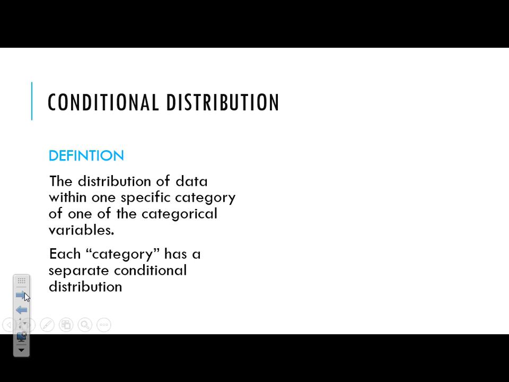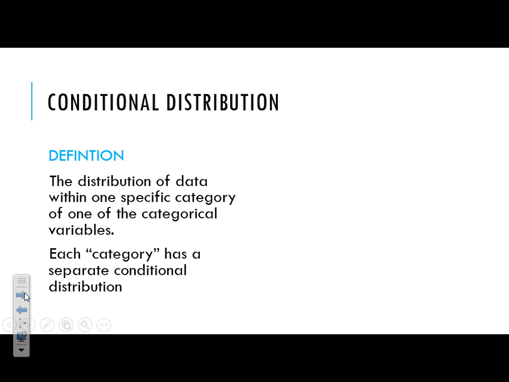And each category in a two-way table would have its own separate conditional distribution. So in this example, we could have 5 different conditional distributions based on opinion, because we had 5 different categories for that variable. And we could also have 2 different conditional distributions based on gender.